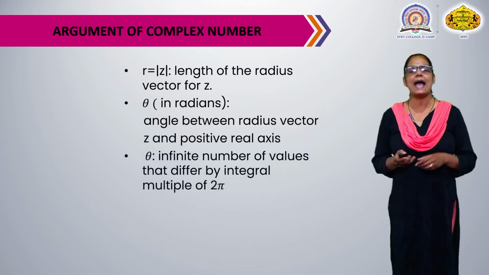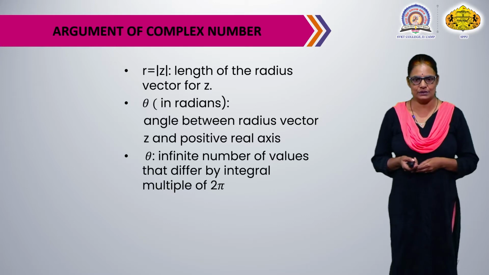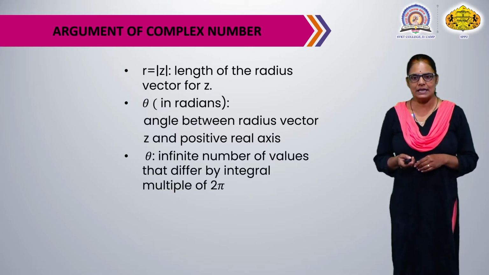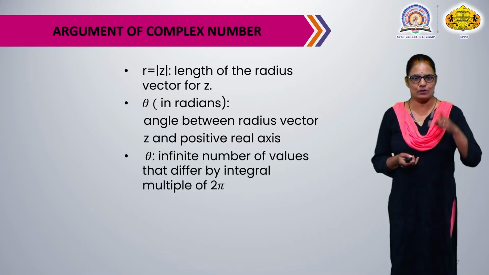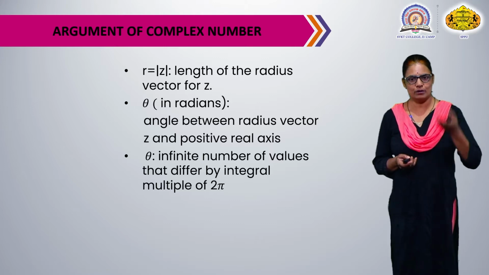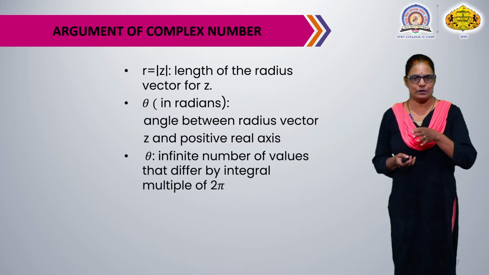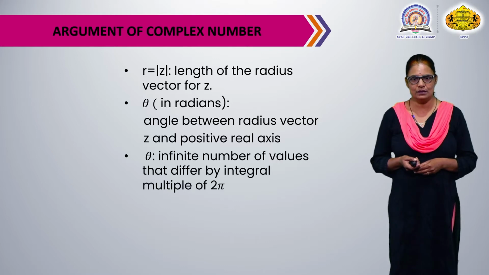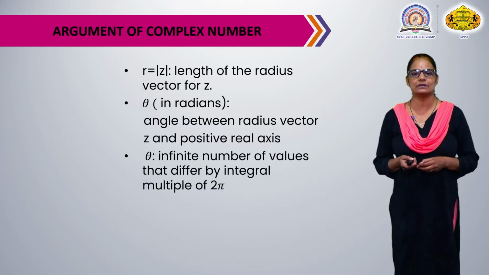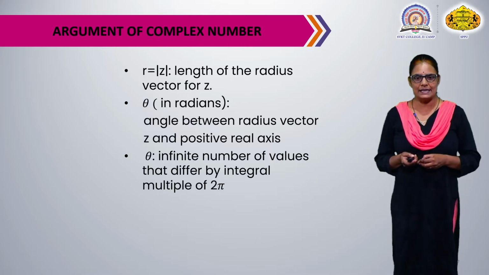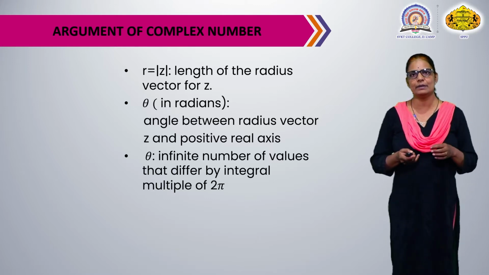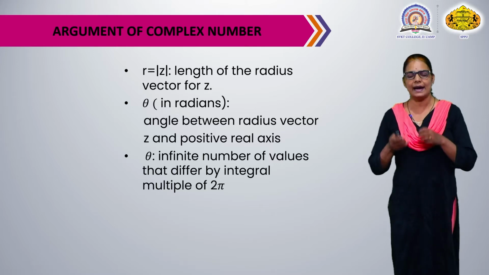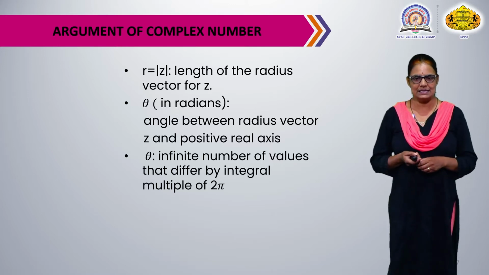So this theta has an infinite number of values, including negative ones, and those values differ by an integral multiple of 2 pi. These quantities are involved in the polar form as well as in the exponential form of a complex number. So remember, r is the length of the radius vector z, theta is always measured in radian, and it is the angle between the radius vector z and the positive real axis.